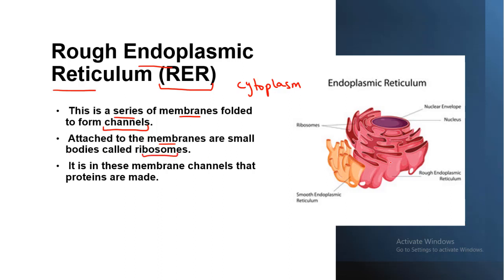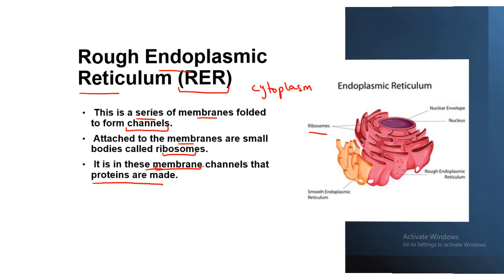So, with these membranes, small dot-like structures are attached and these are known as ribosomes. And in these membranes, proteins are made. Proteins are needed by our body for many different functions. We'll study about them later, but they are made in these membranes.